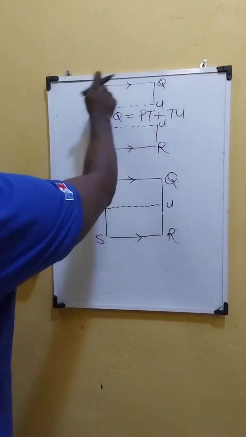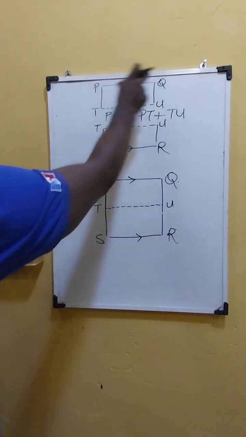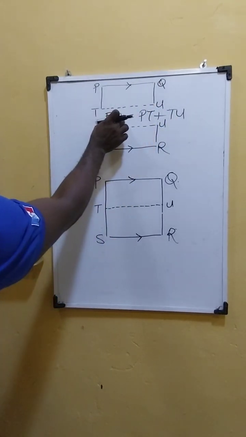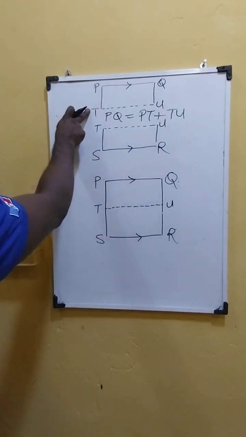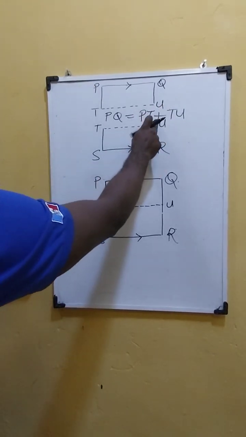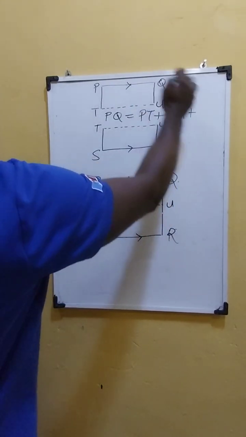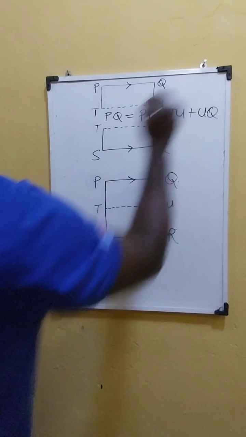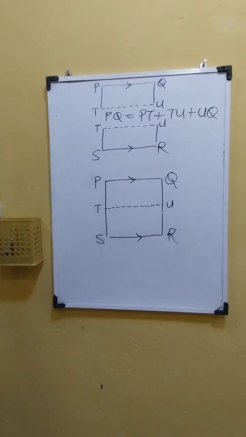The first part, where the initial direction of the vector is PQ, will stand alone. It will be equal to the sum of PT, the sum of TU, and the sum of UQ. That's like a rule.